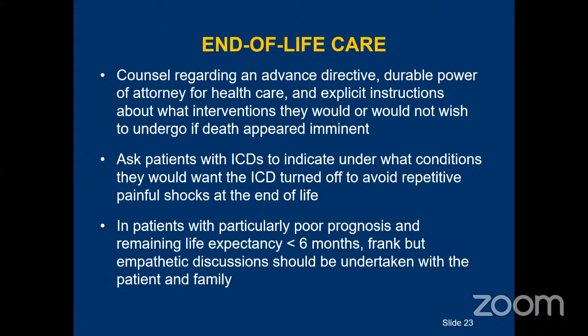In patients with particularly poor prognosis and remaining life expectancy less than 6 months, a frank but empathic discussion should be undertaken with the family and patient. So basically, in light of the poor prognosis of older heart failure patients, we would consider this more than for the most common forms of cancer. Specifically, if their life expectancy is less than 6 months, palliative care and hospice should be offered to them.